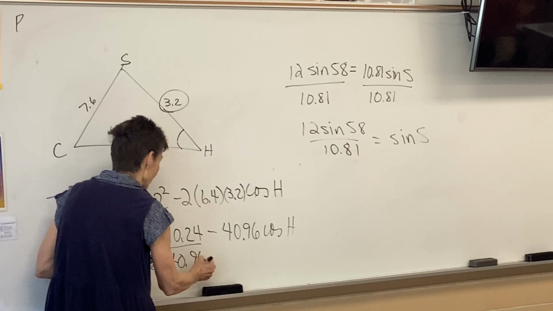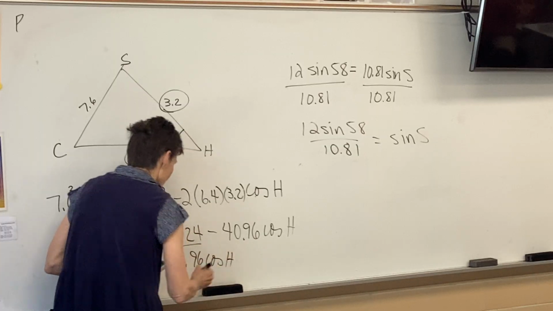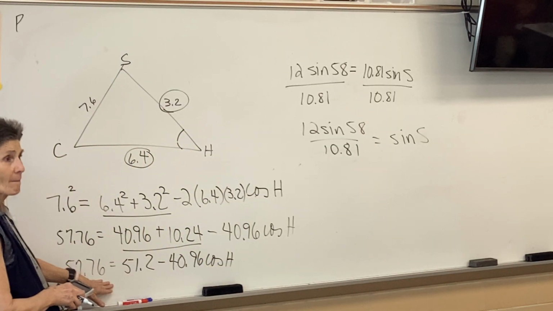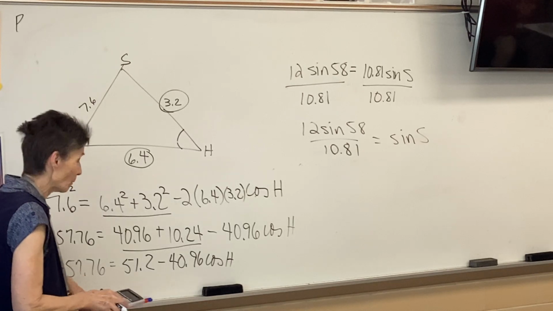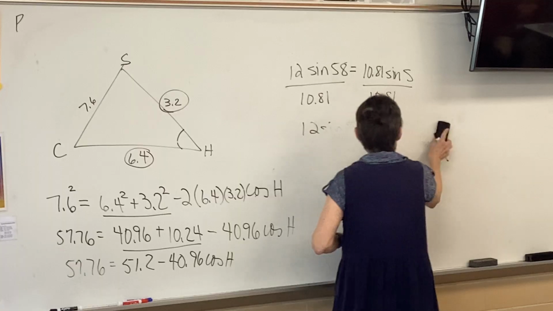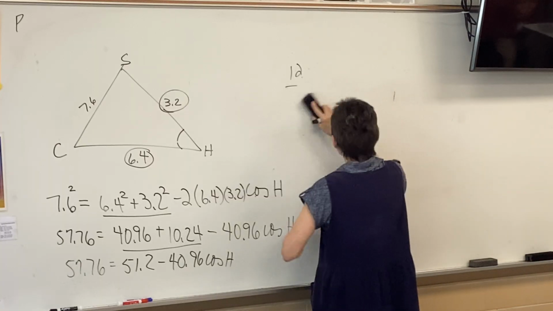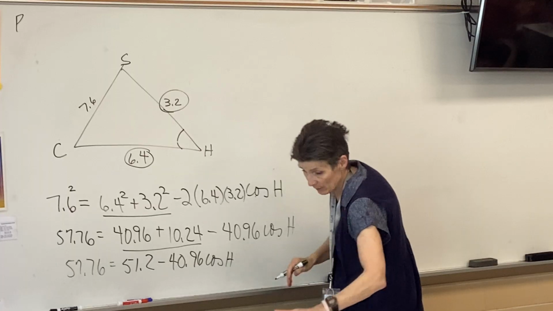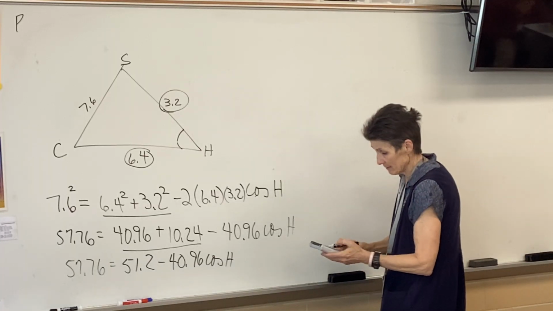There's some tapping going on. I'm not sure exactly what I'm doing here. Does that look about right? Now, what do I do now? Subtract the 51.2. And then I will divide.